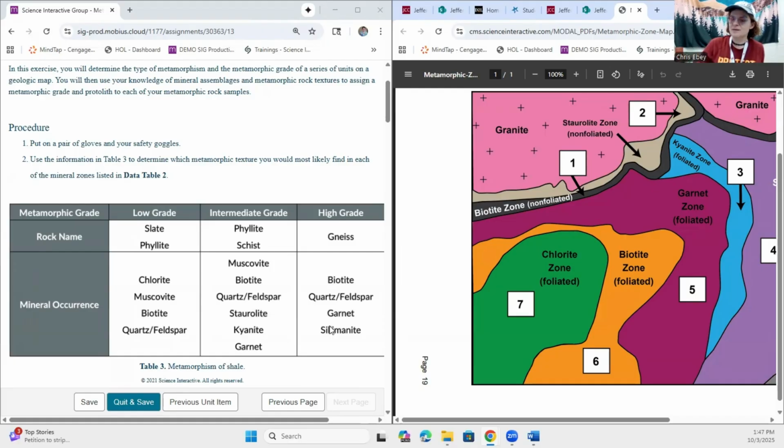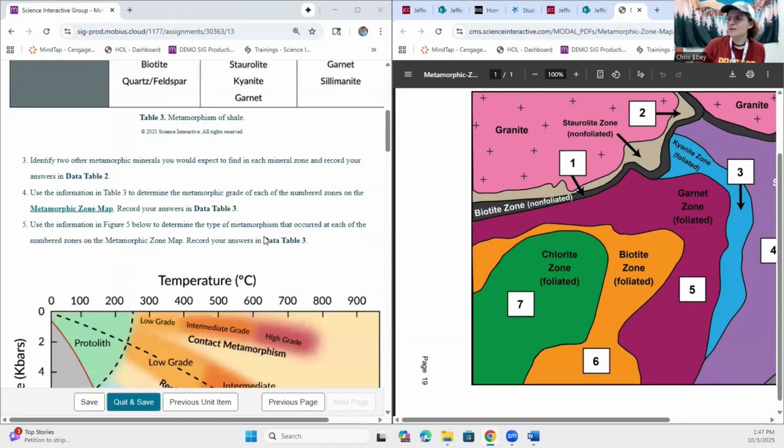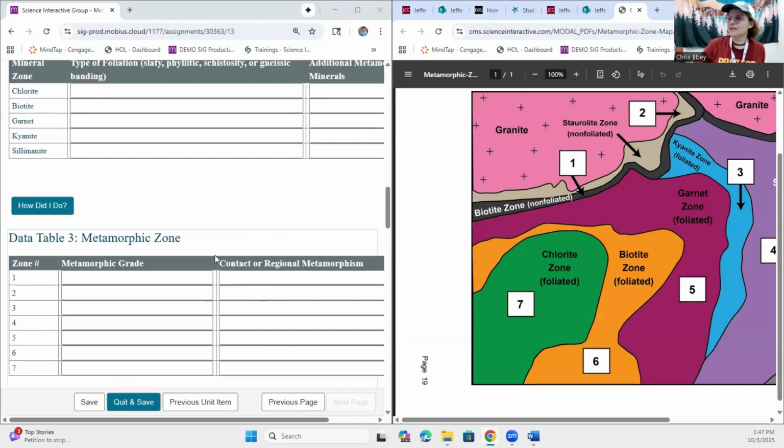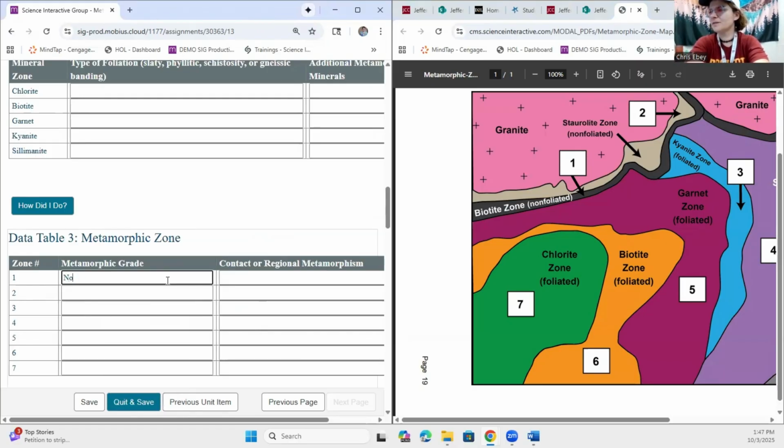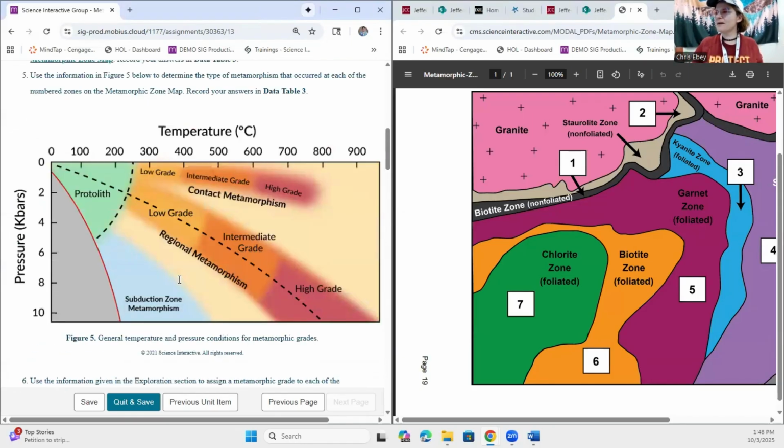Biotite is a very common mineral in metamorphic rocks. This biotite is non-foliated. If it's non-foliated, it's going to have a very low grade metamorphism. So what we're going to put down here in table 3, zone 1, is non-foliated or low grade.